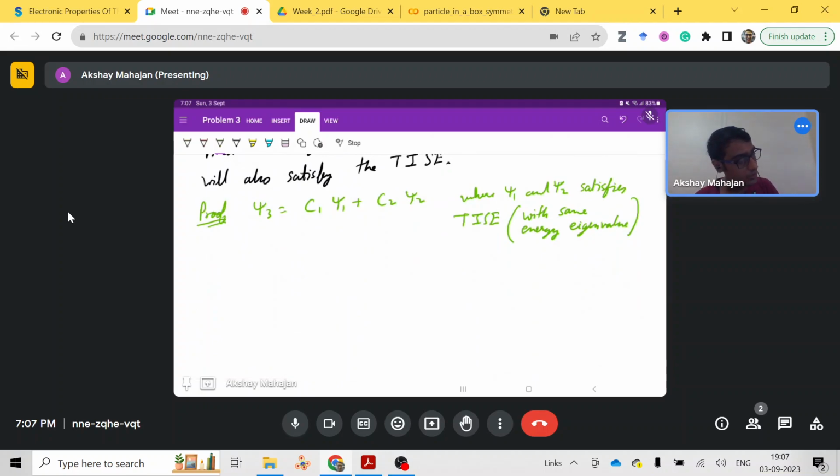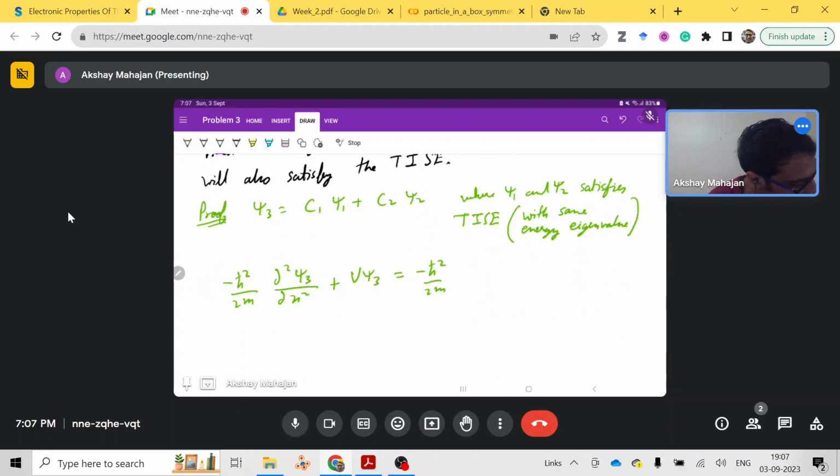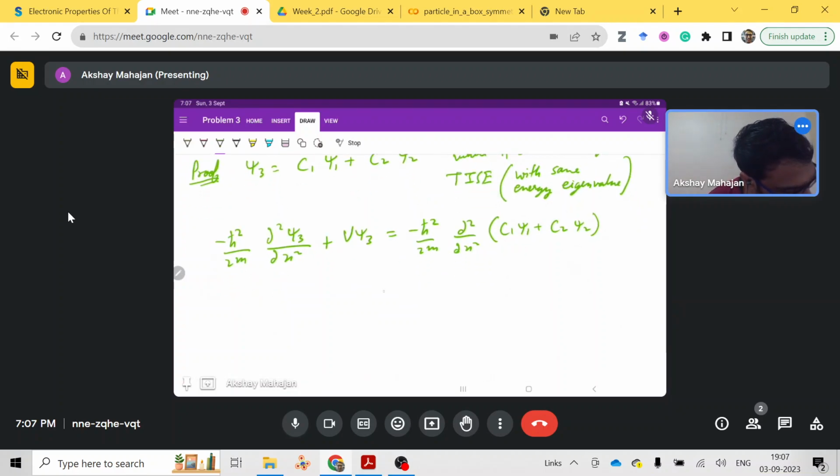If we have psi 3, a linear combination of these, and we put psi 3 into the Schrodinger equation, we get minus h bar square by 2m del square by del x square of C1 psi 1 plus C2 psi 2, plus V times C1 psi 1 plus C2 psi 2.